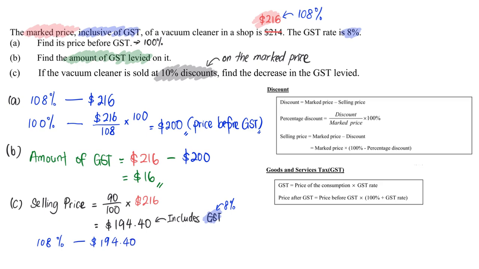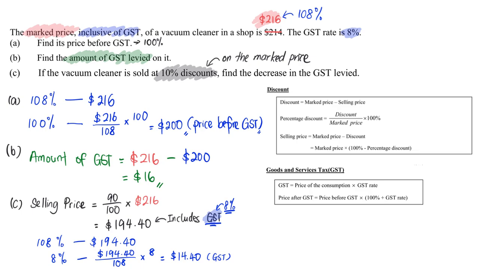And do notice that in this case here, I am going to find 8%. Because that is where the GST is. So all I have to do, I'm going to divide by 108. Then after that, I multiply by 8. And this will give me a value of $14.40, which will then be the GST now.